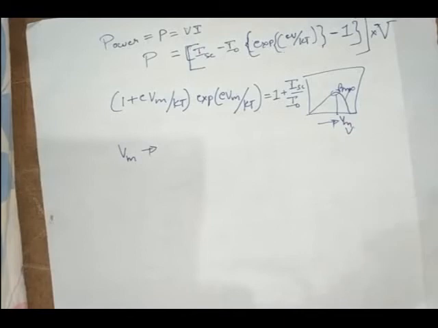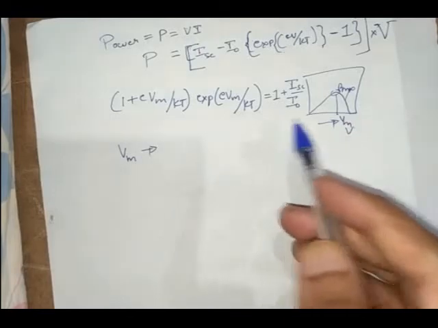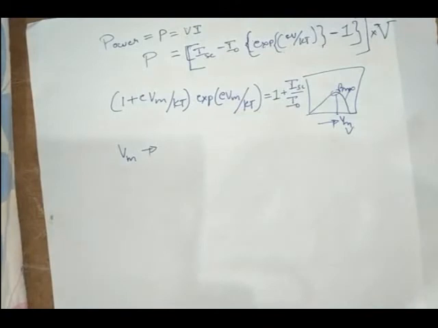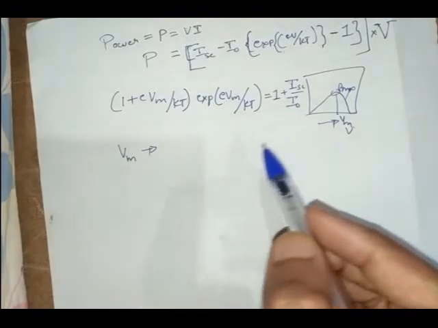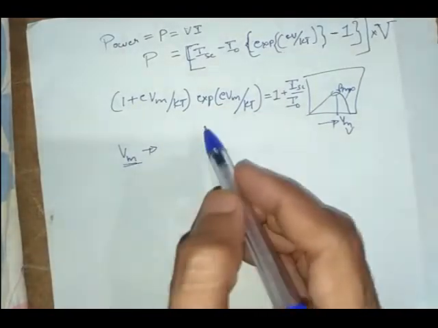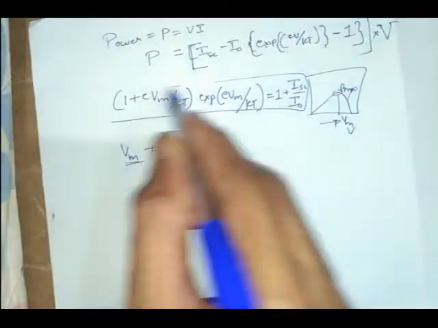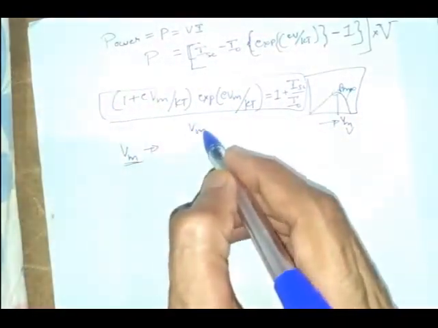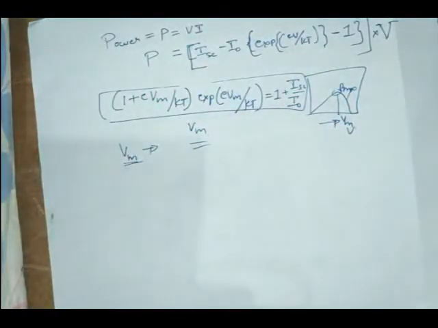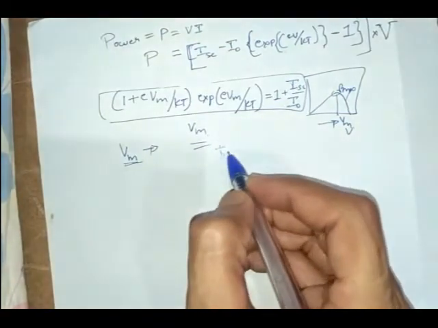This is the equation to find out Vm. So to find out maximum power, we need maximum voltage. Vm is the variable which we will get after solving this, and you have to find out Vm by trial and error.